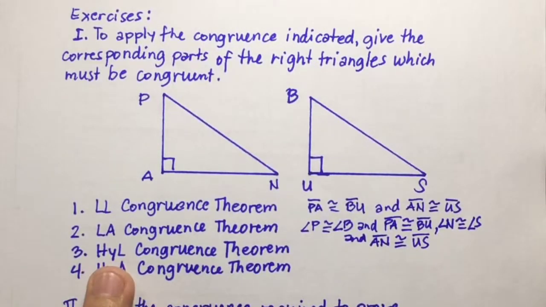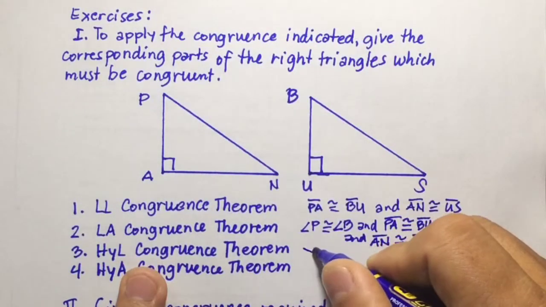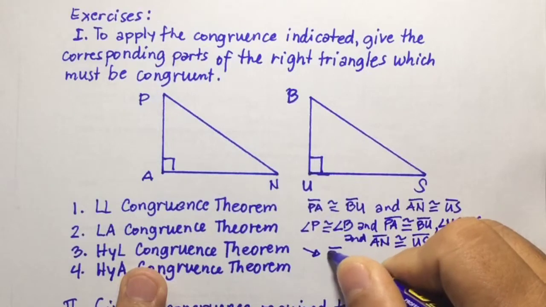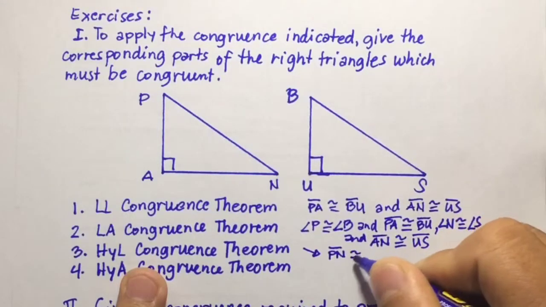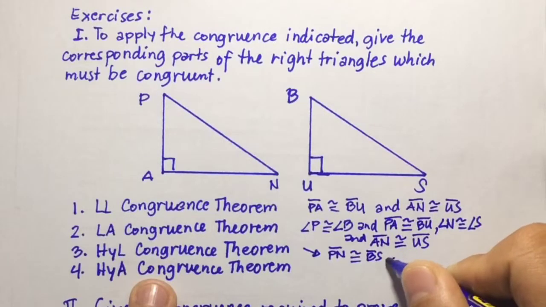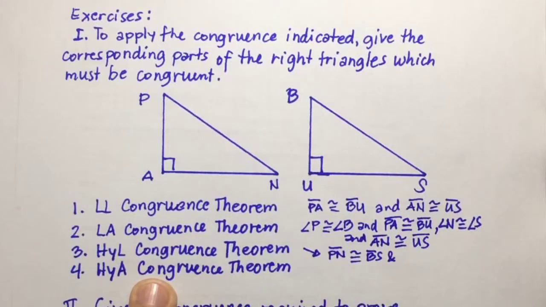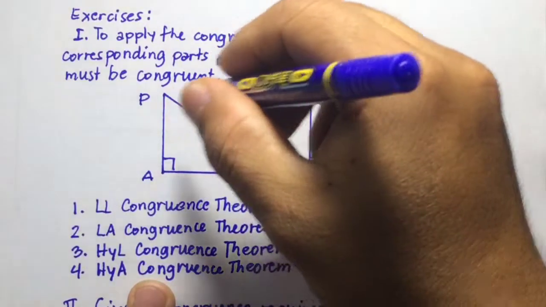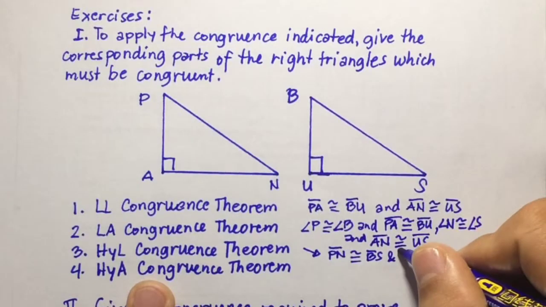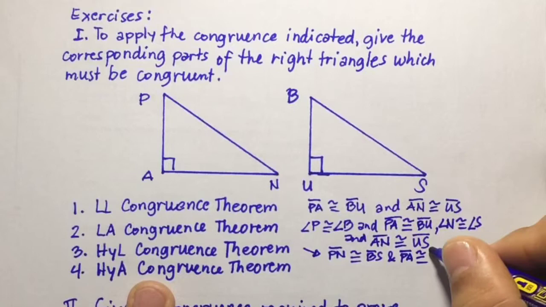Then HyL congruence theorem, let's have first the hypotenuse. So line segment PN is congruent to line segment BS. And a leg here, let's have line segment PA congruent to line segment BU.